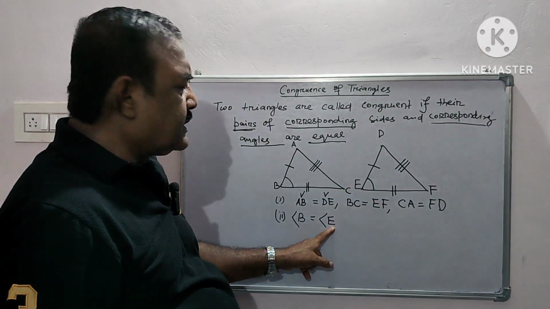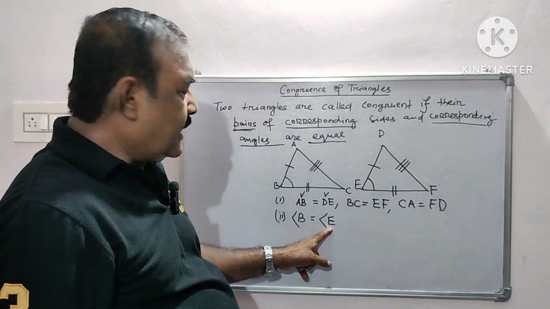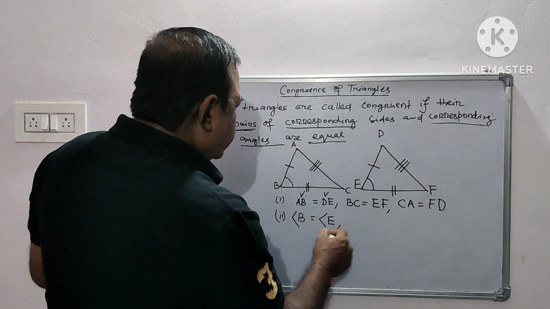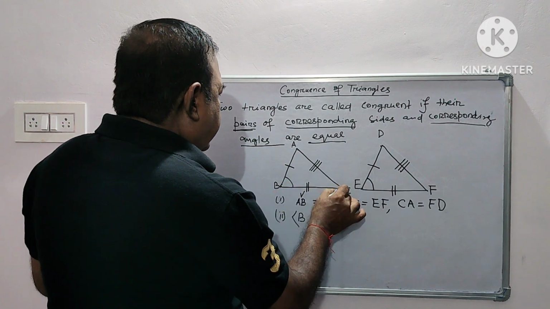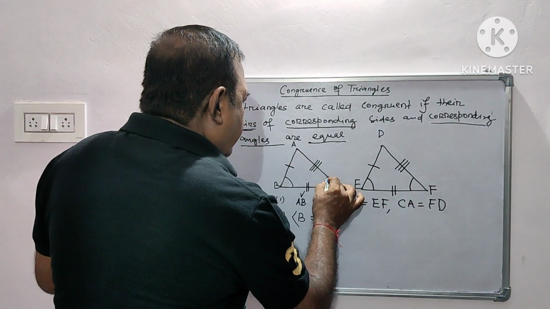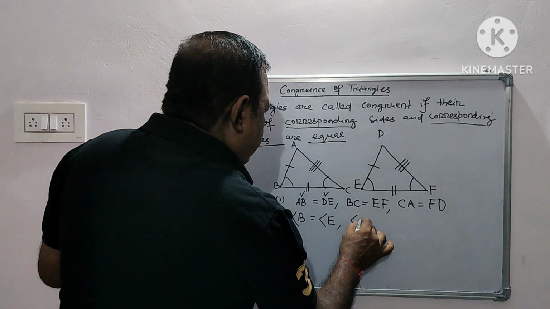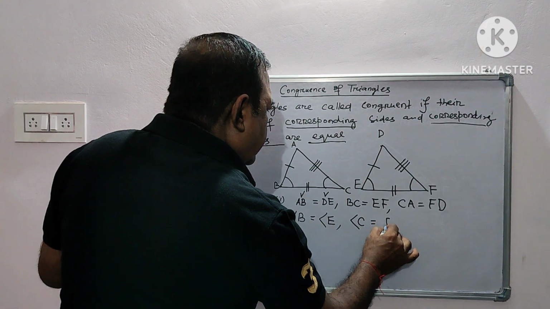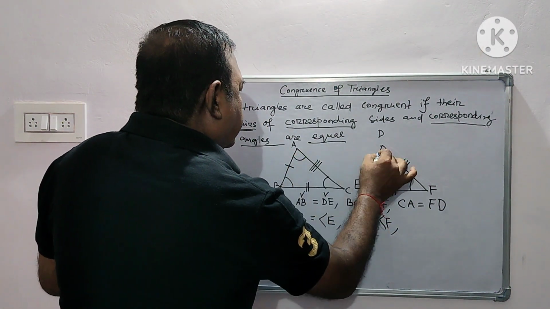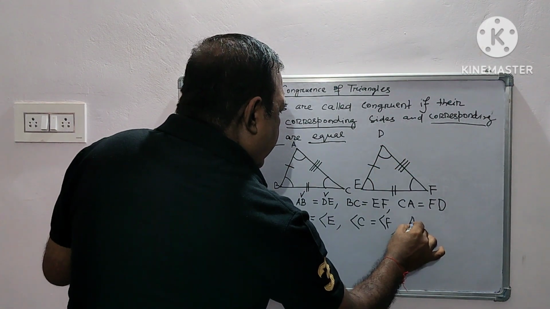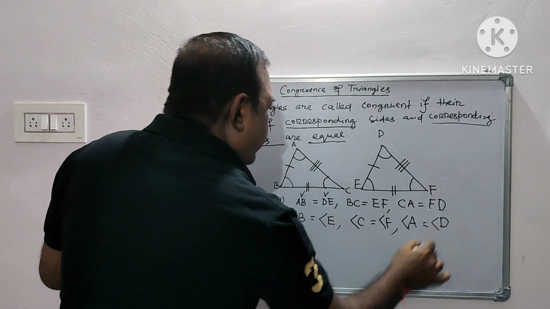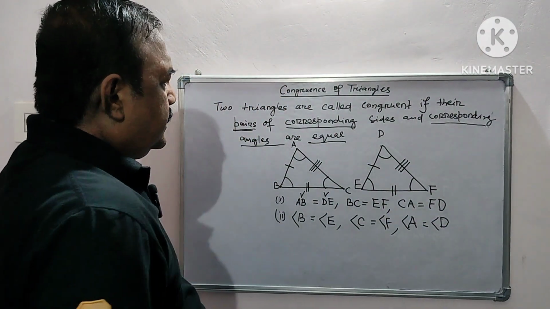So these two angles are corresponding angles and they are equal in measure. Like this, BC and CA, EF and FD, this angle: angle C measures equally with angle F. Then the rest, angle A is equal to angle D in measure.